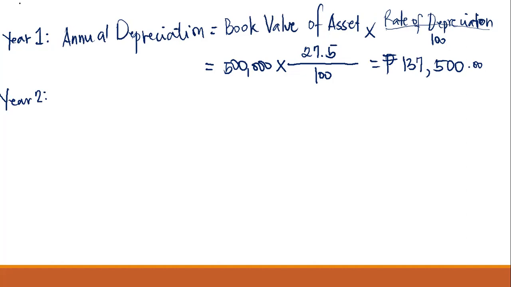Okay? Alright. So, sa year 2, we have the book value. Okay? So, ito yung difference ng book value of the asset tapos yung annual depreciation. Okay, kunin lang natin yung difference. 137,500.